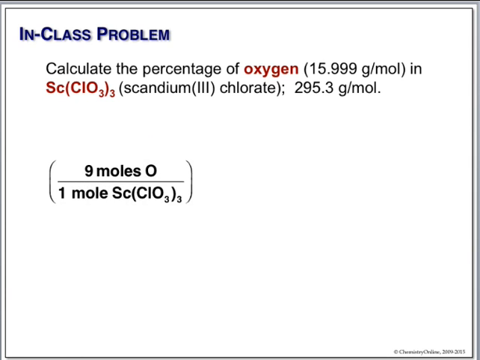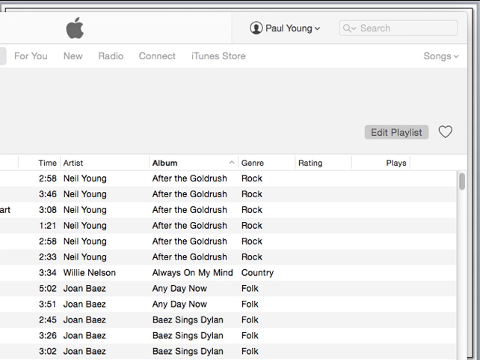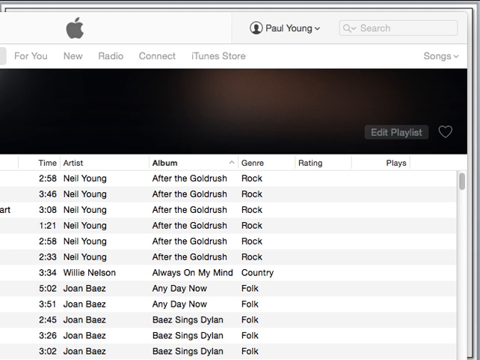Nine oxygens in every scandium chlorate. Again, 3 times 3. Every oxygen weighs 16. This stuff weighs 295.